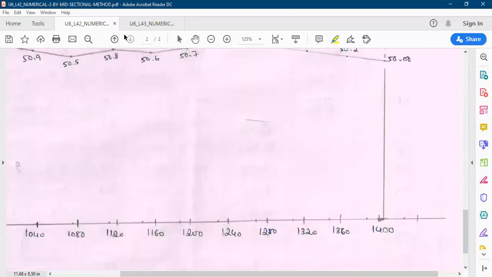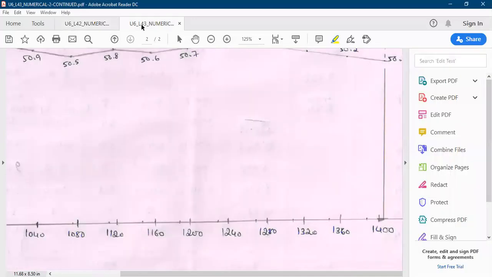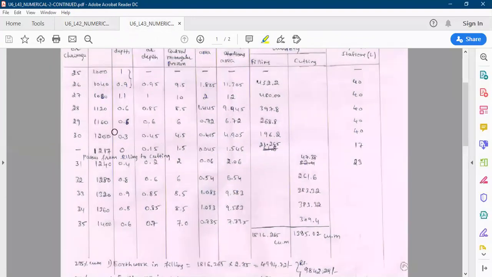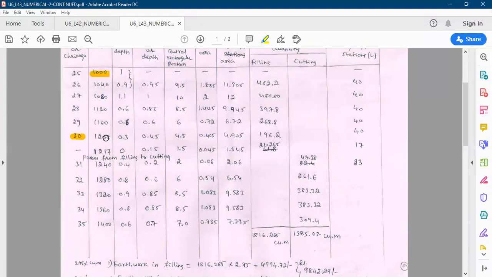That is what we have to understand, and you have to take care when you are doing the calculation, right? Here you can see, from 1000, at the 25th station the chainage distance is 1000. Like that it will vary. At the 30th station the distance will become 1200, right? At the 31st station the distance is 1240.